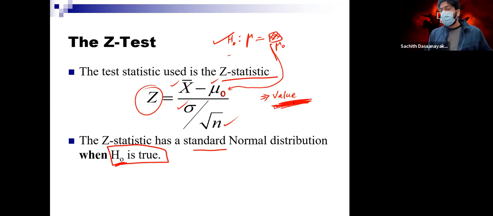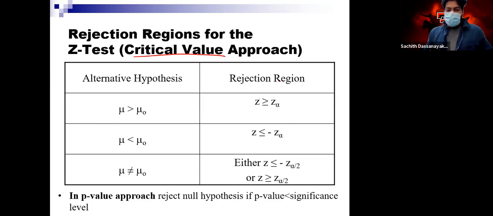The Z statistic value we calculate, we normally need to write as Z cal, because this is a calculated value. So we denote this as Z cal, the calculated value.